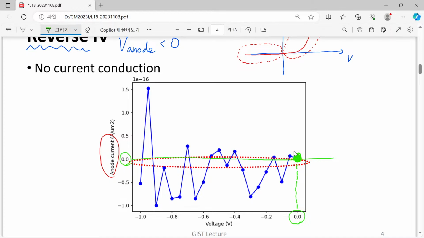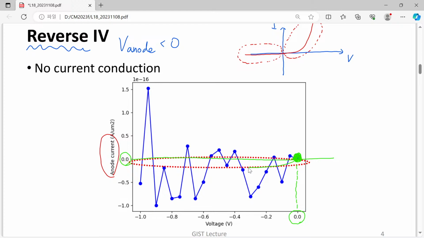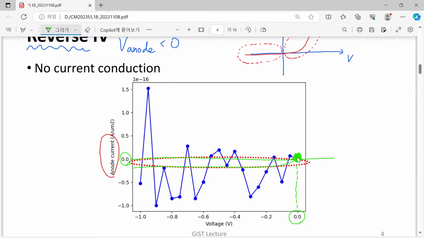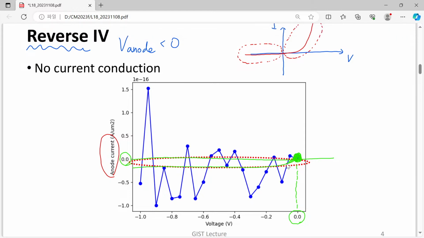This point is fixed, and you may think that maybe this is the graph you can expect from the textbook. Here you have a sharp increase to a certain value. After that, this value is kept constant. This is the reverse dark current. So maybe you have heard about it.